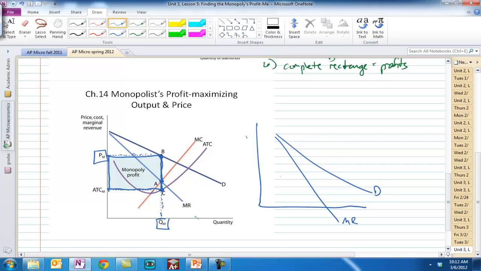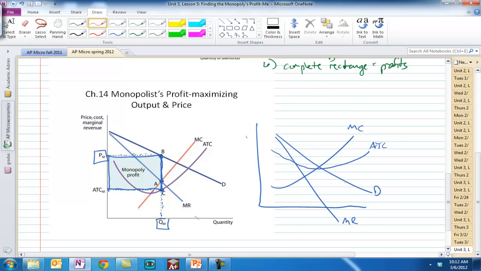I'll show you what I mean here. Here's marginal cost. What if the ATC was, say, here? So from this, you should be able to, again, show the monopolist's profit maximizing quantity and price, and show the area of profit. So let's go through our steps.